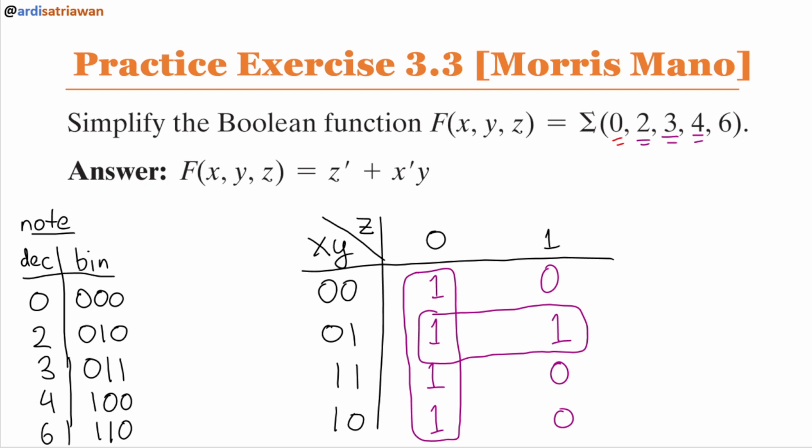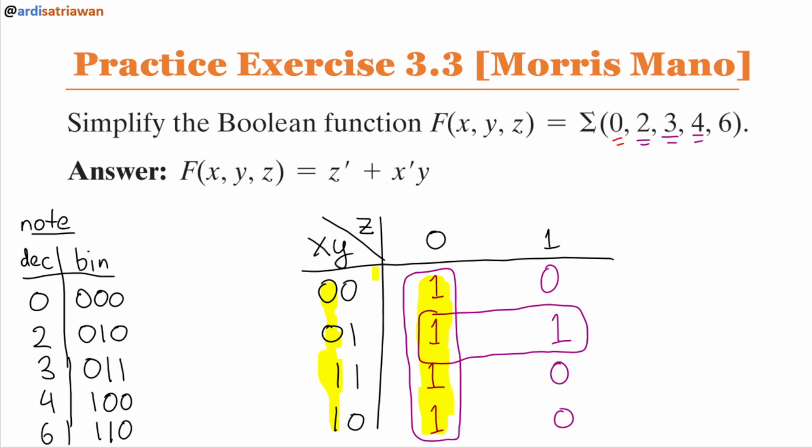Let's get started with coloring the yellow one here. If we look at x, it has different values, 0, 0 here and 1, 1 here. That means this part does not depend on x.